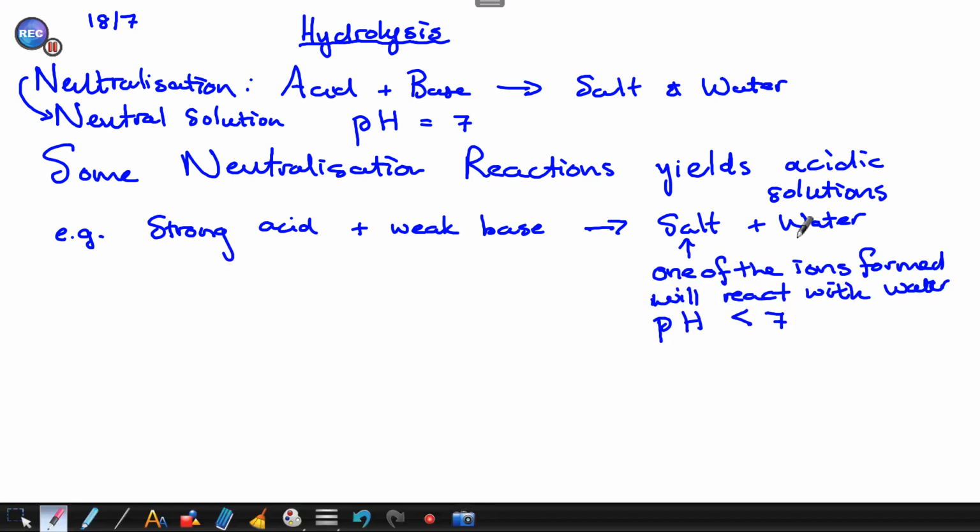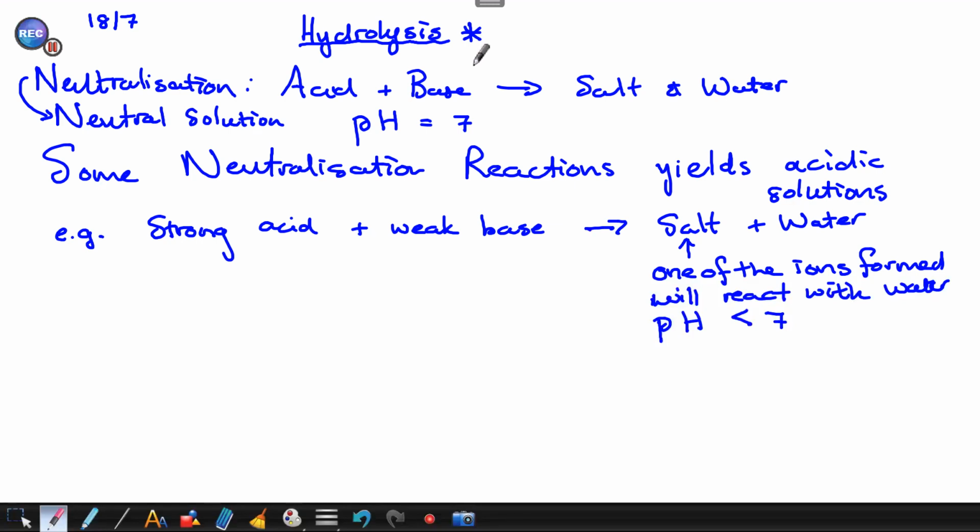There will be lots of water in the solution because usually the acid and the base are in solution in water, and water is formed as well. So one of the ions will react with the water, and that is what is called hydrolysis.